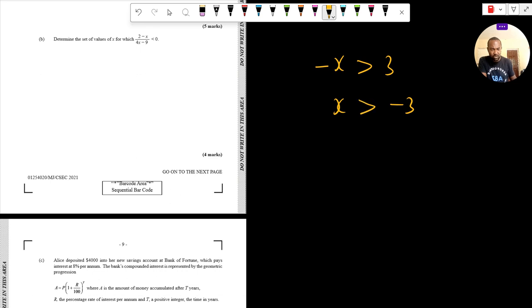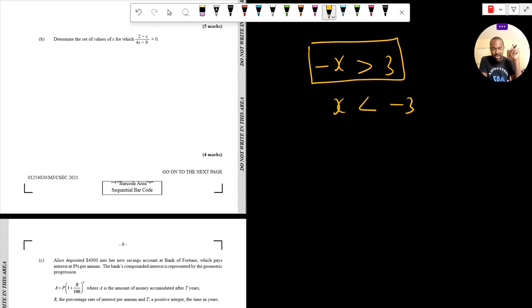But if I forgot to change the direction of the inequality, then this statement would not be correct. Because if minus x is greater than 3, then it simply means that x must be less than negative 3, right? So whenever you multiply across an inequality by a negative number or an expression, or you divide, then you must remember to change the direction of the inequality, all right?